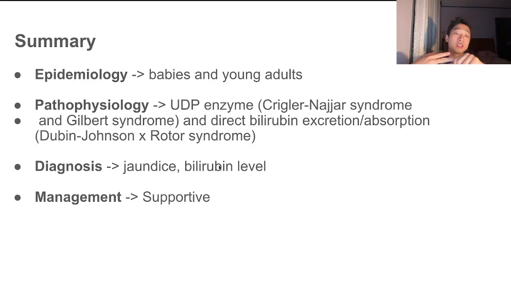The first is the UGT enzyme that's changed in Crigler-Najjar syndrome and also Gilbert syndrome. And also we have the mechanism of excretion or reabsorption of direct bilirubin. The excretion is defective in Dubin-Johnson, and Rotor syndrome is about a defect in the reabsorption.